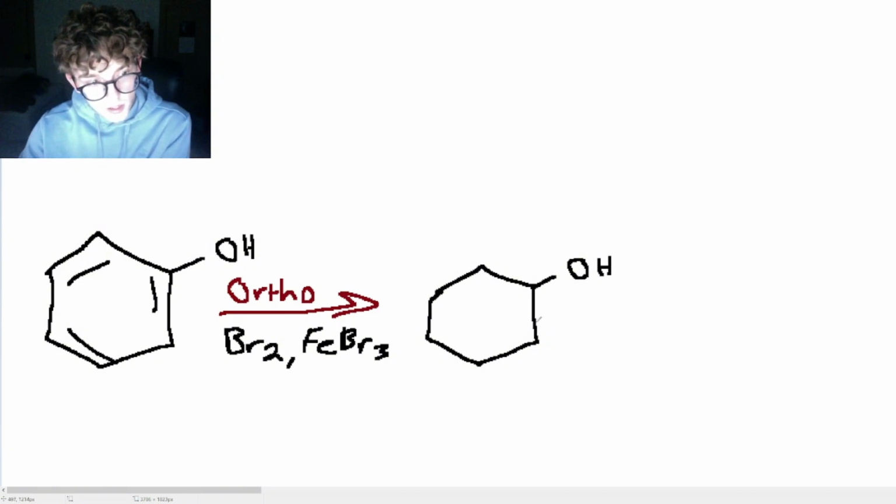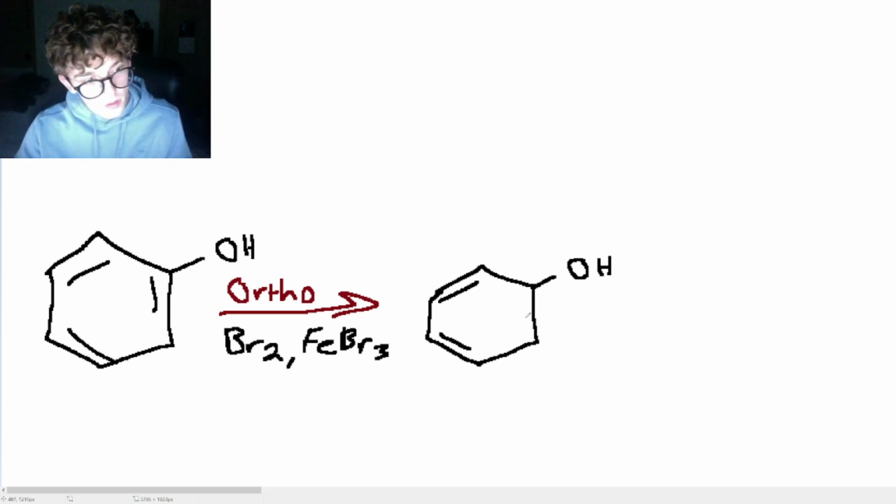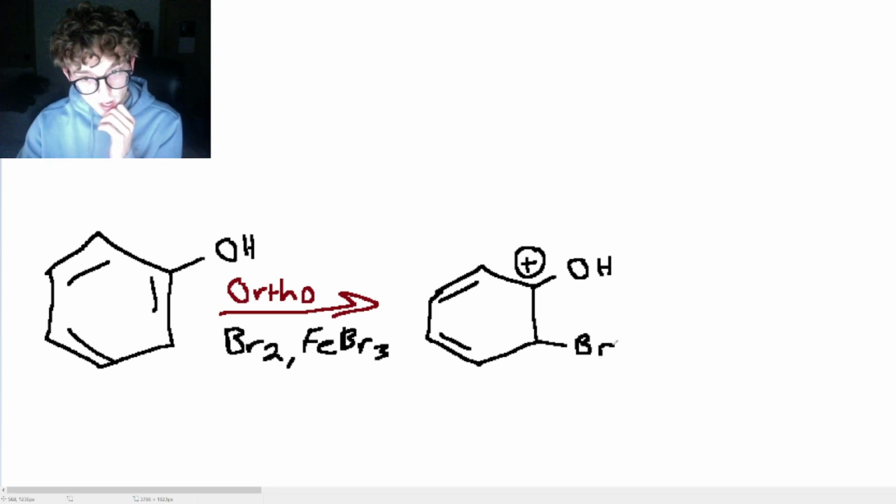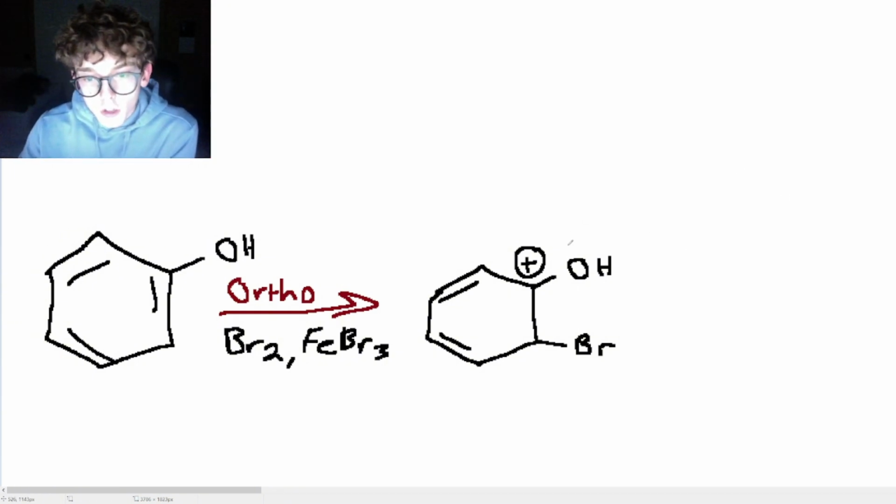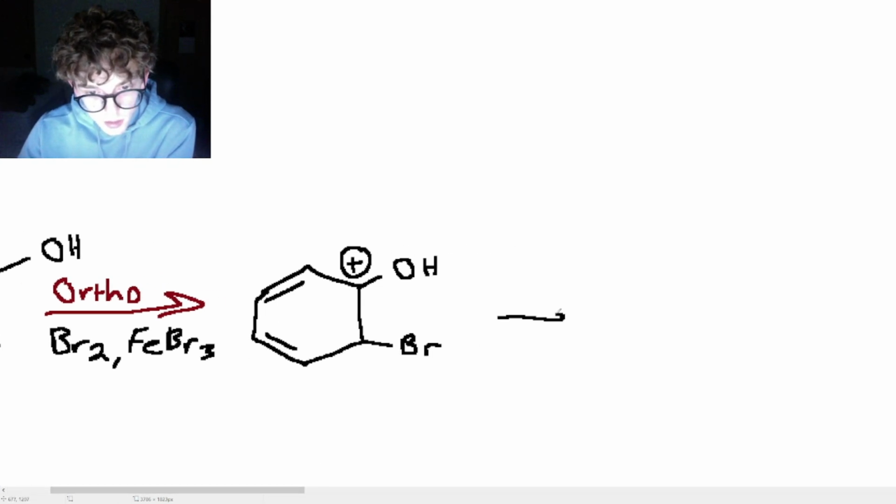All right, and I don't want to show the full structure yet. And that would put a positive charge here. Okay, and then we have our bromine group here. So before any elimination happens, let's look at the resulting structure.